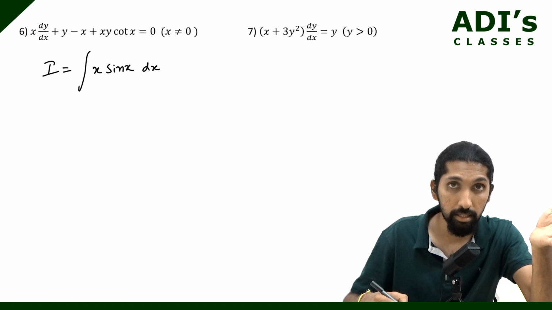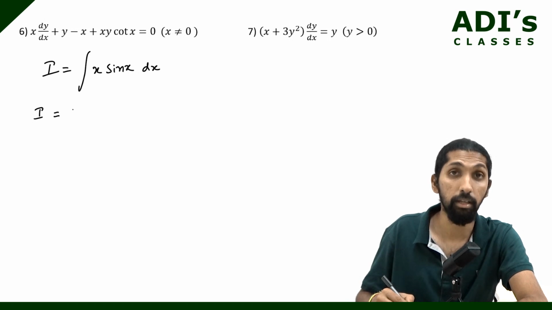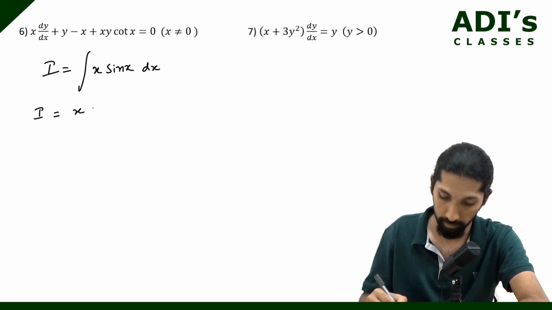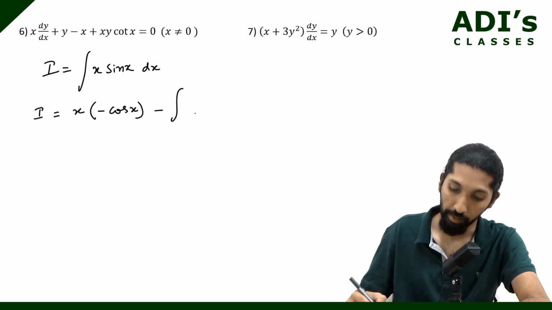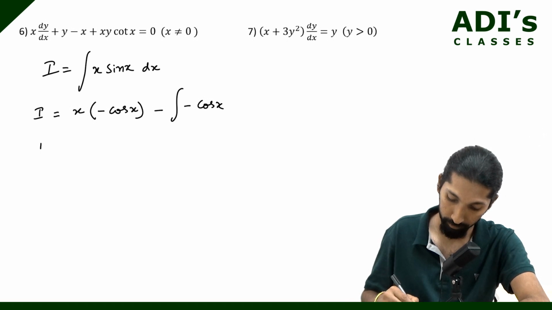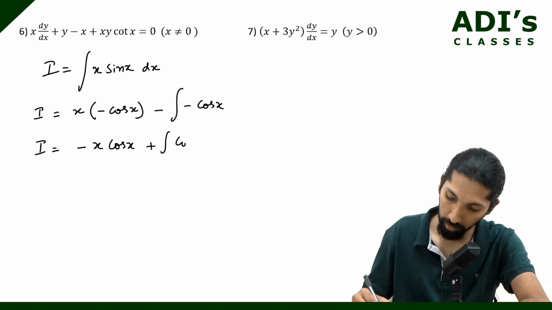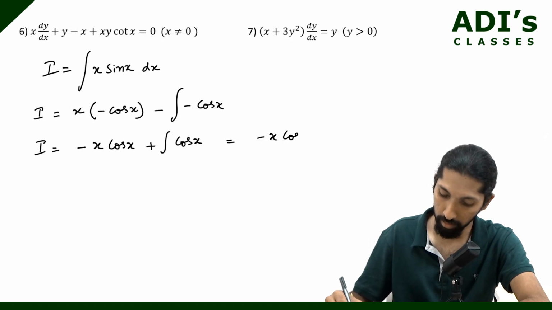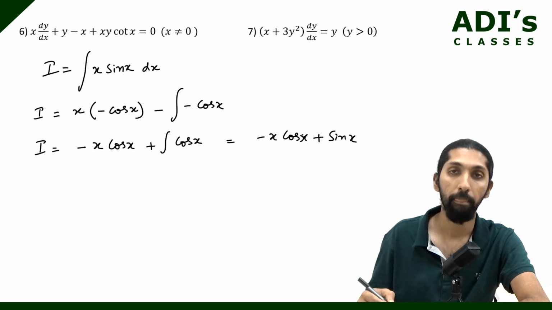First function is x, second function is sin x. So we have I is equal to, first thing, x into integral of sin x, which is minus cos x, minus integral of minus cos x, or minus x cos x plus integral of cos x, correct? Which is minus x cos x plus sine of x, right?